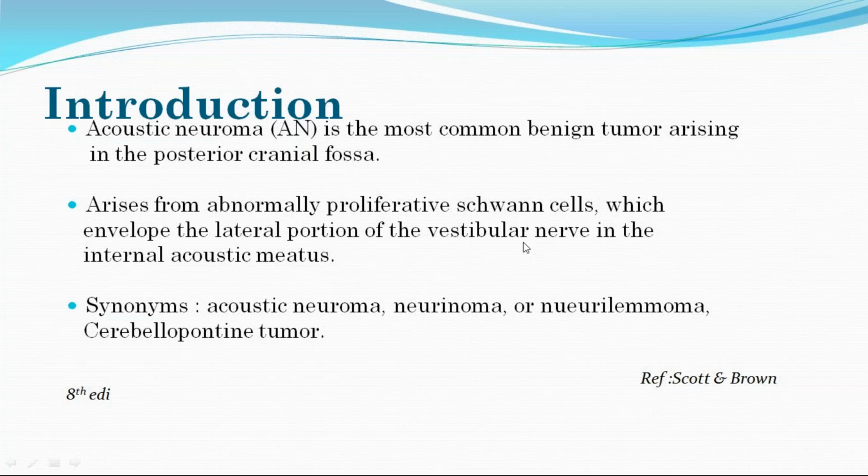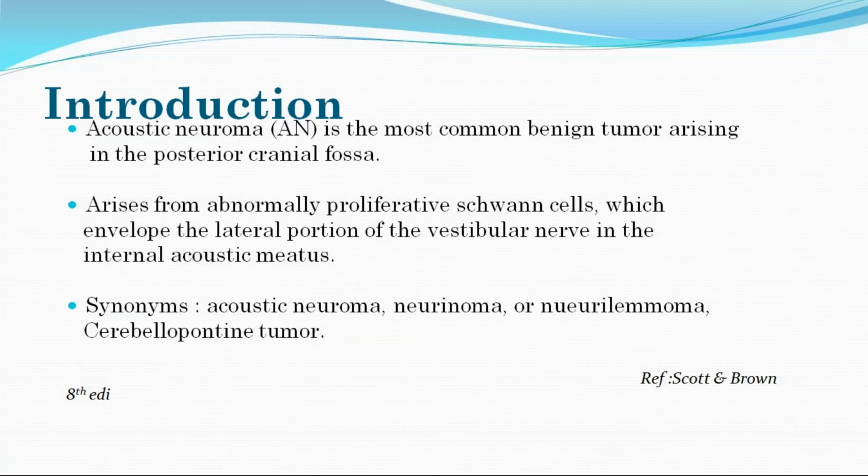The function of the Schwann cell is to produce the myelin sheath for myelinated nerves. So synonyms are acoustic neuroma, neurinoma, neurilemoma, or schwannoma, and cerebellopontine angle tumor. Cerebellopontine angle tumor is not one, but a group of tumors.